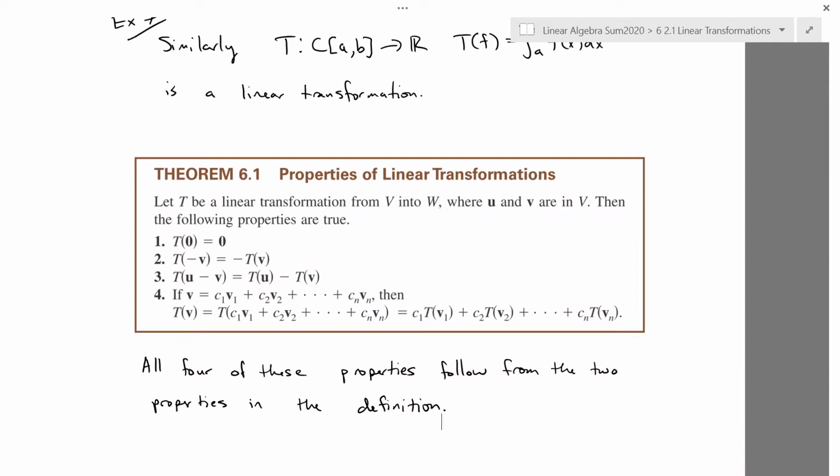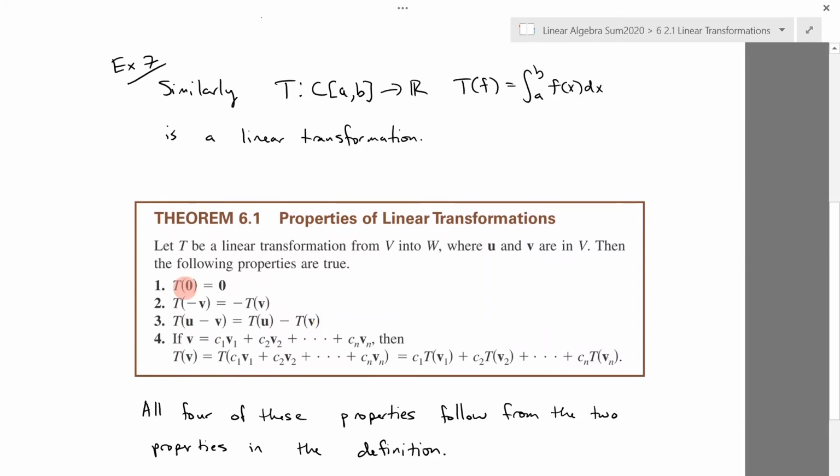And then finally, we have theorem 6.1 here, which just lists additional properties of a linear transformation. These four properties essentially just follow from the original two conditions.